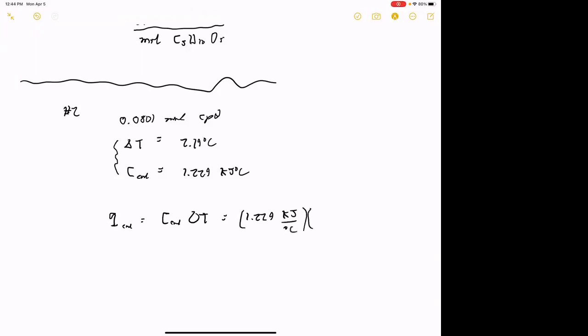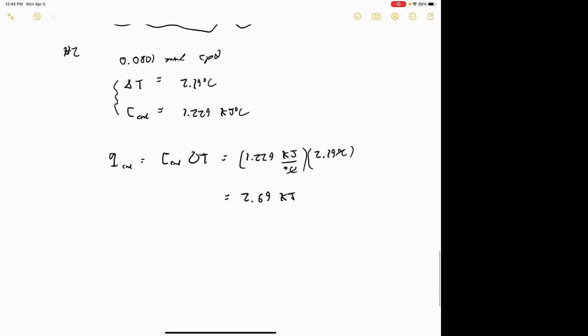I'm going to multiply that by my delta T, which is 2.19 degrees C. I've got my calculator here, I can actually figure it out. And to significant figures, I get 2.69 kilojoules. Now that's for the calorimeter. That's what the calorimeter actually absorbed.